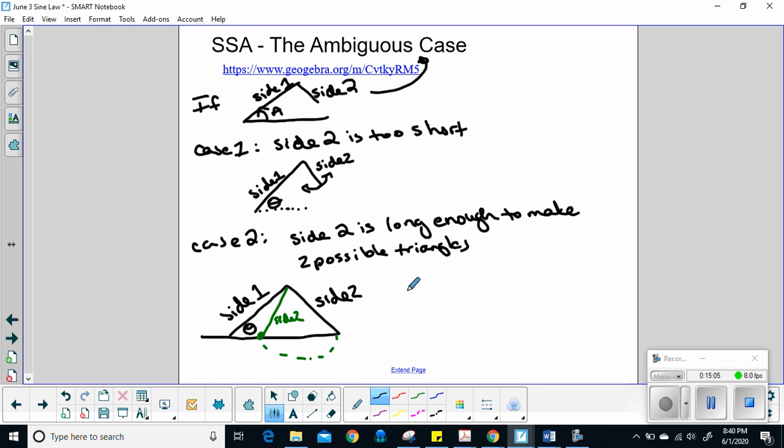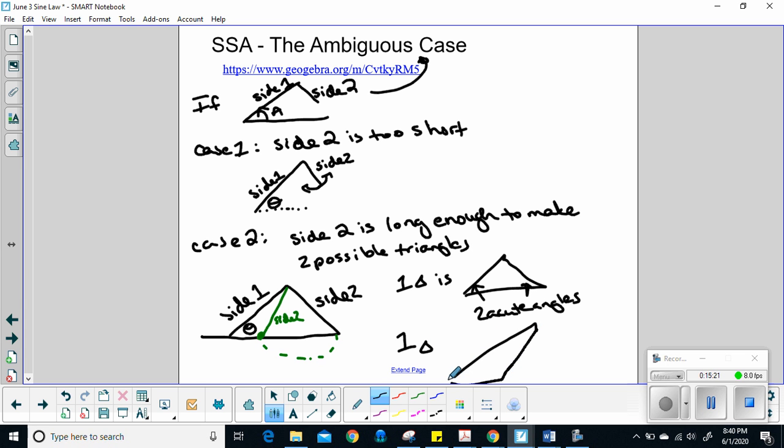So one triangle has 2 acute angles. And the other triangle is, oops, where this one is obtuse.